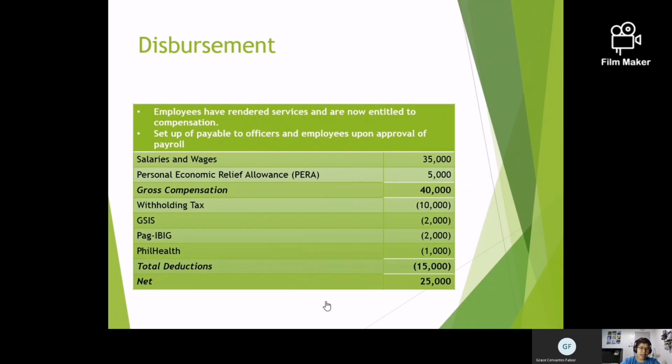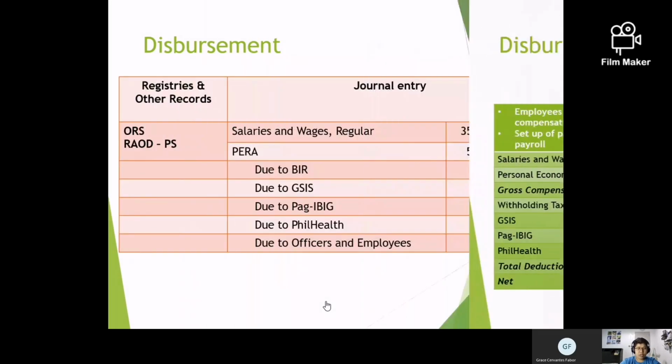Salaries and wages 35, pera 5, total gross compensation 40, and then yung mga deductions natin, tax 10, GSIS 2, Pag-ibig 2, PhilHealth 1, total deduction 15. So net na ibibigay sa empleyado 25,000. So ano yung entry natin dito at saka anong registry?